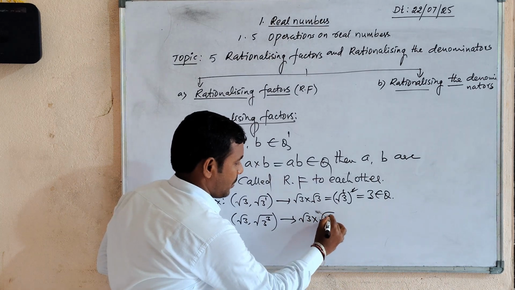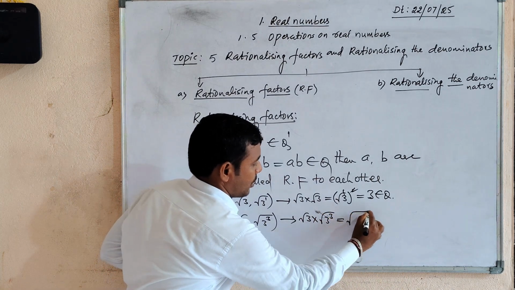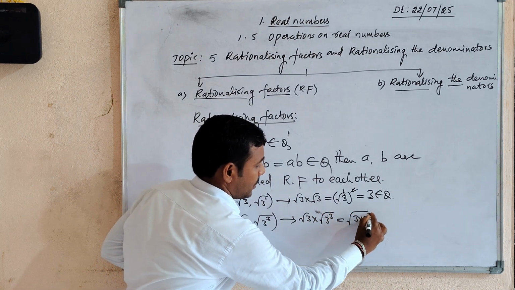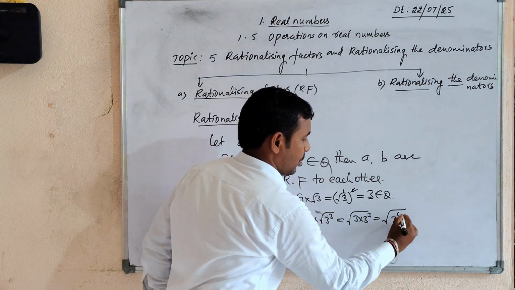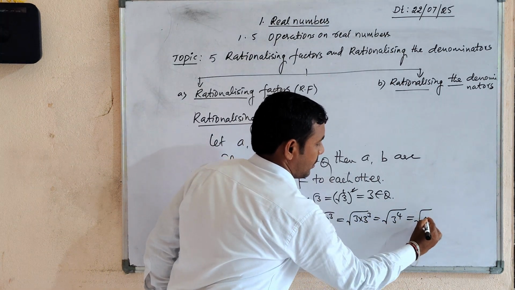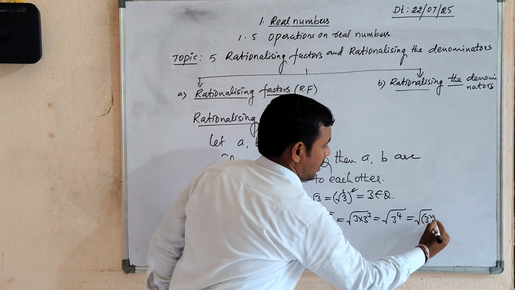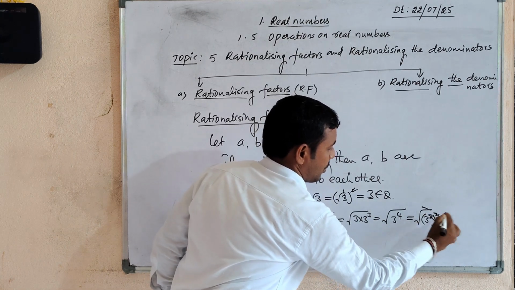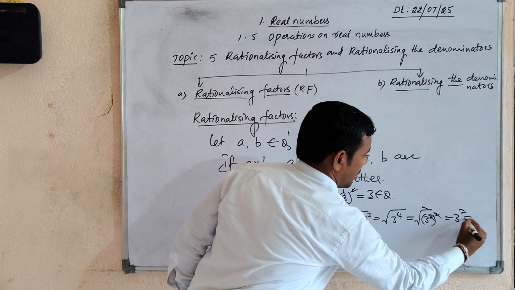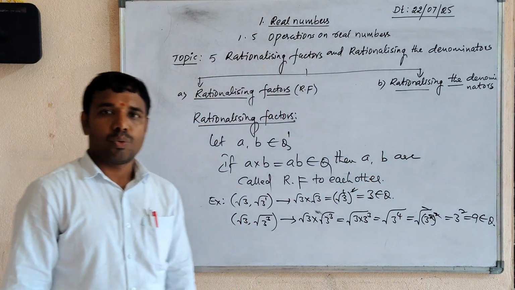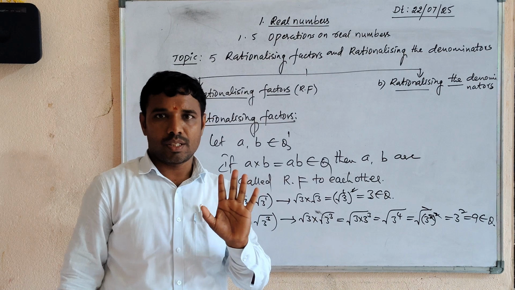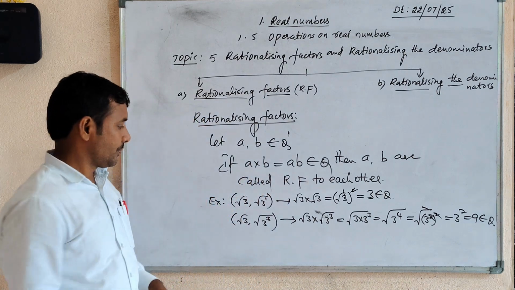Square root of 3 into 3 power 3 is square root of 3 to the power of 4. Next step, square root of 3 square whole square. The square root cancels, 3 square, that is 9, which is rational.